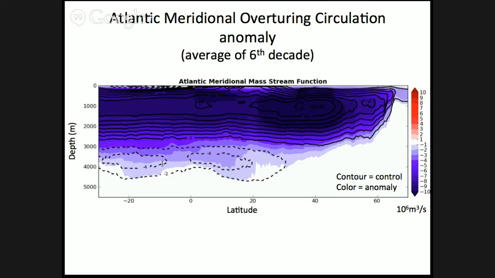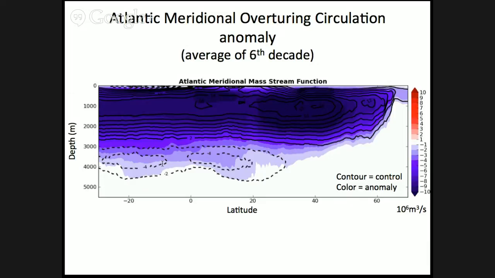You see that in the control there's a clockwise overturning circulation if you see from the east, which means that the warm water at the surface flows northward and sinks in the subpolar area and then flows back to the south at the bottom.